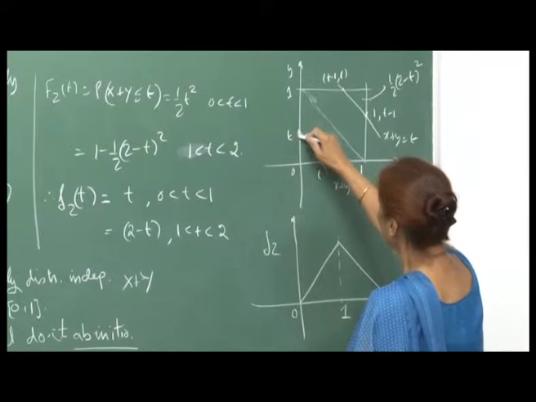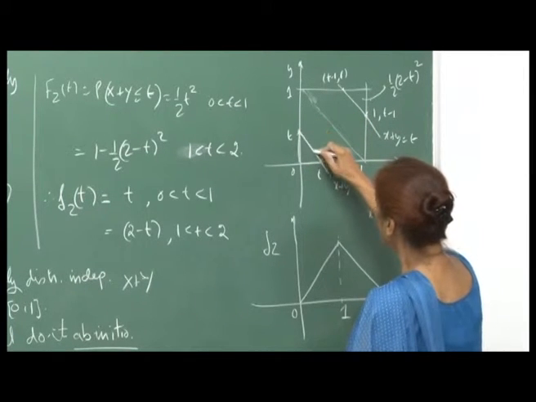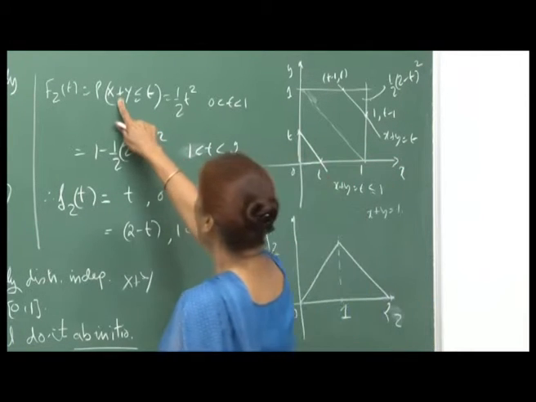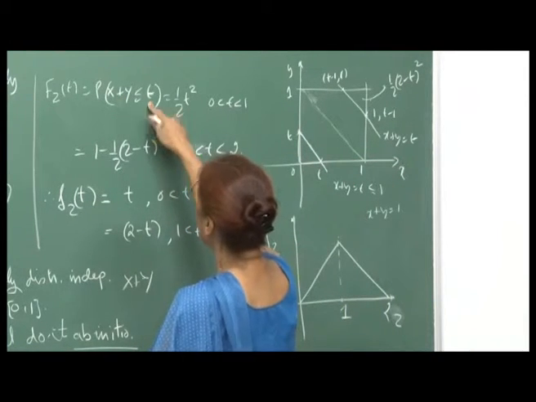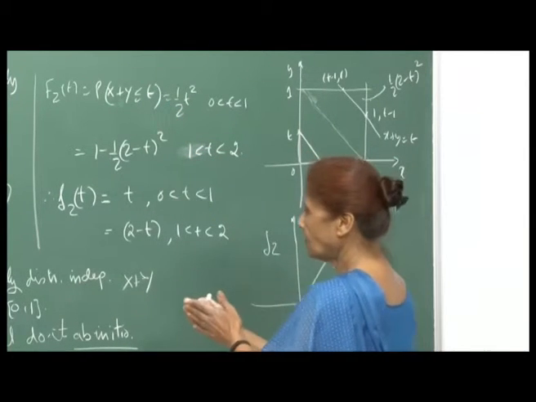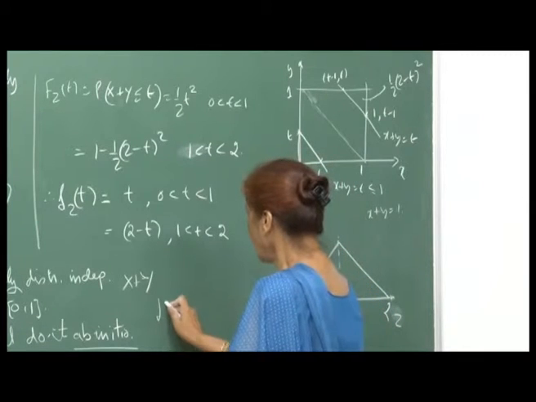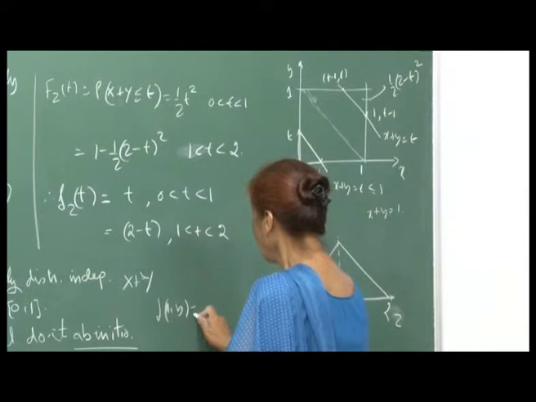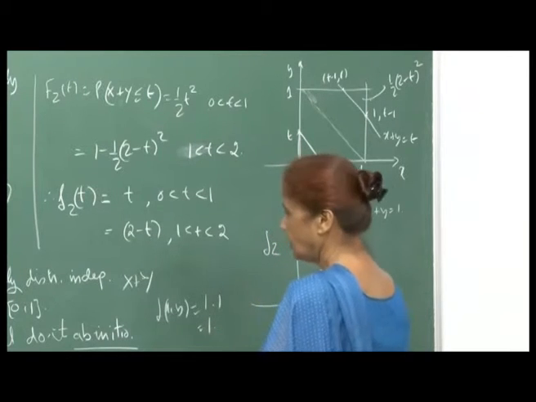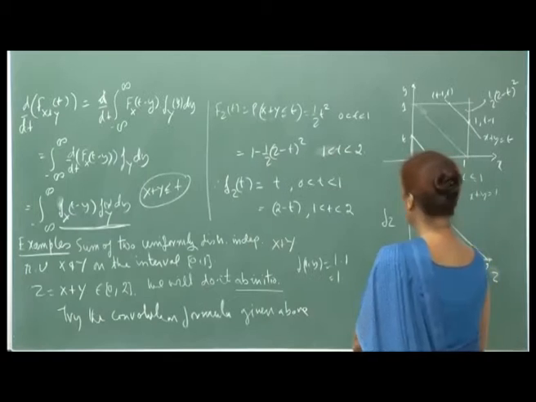So, to get this probability, I just need to compute the area of this triangle. To get the probability x plus y less than or equal to t, it is simply the area of this, because the joint density function is what? Your joint density function is 1 into 1, which is 1, because both are uniform on the interval 0 1.